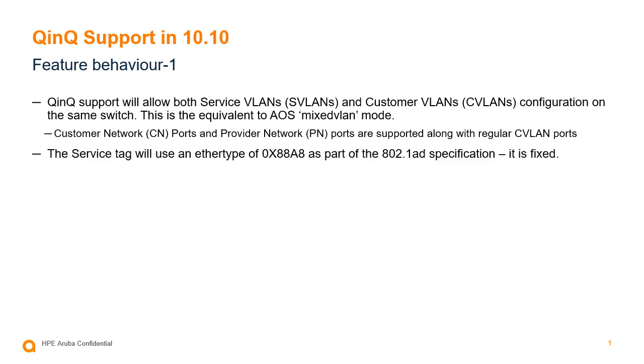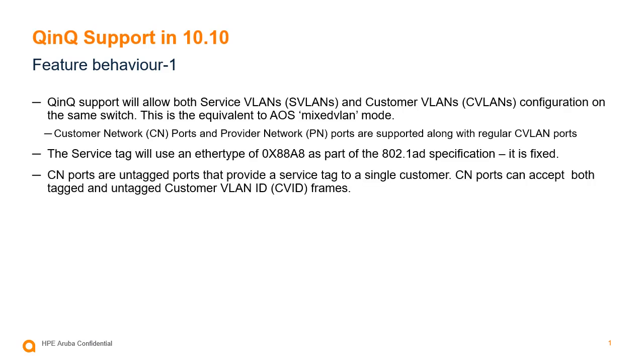And the service tag will use the EtherType 88A8 on the outer QinQ header as part of the 802.1AD specification. This is unlike AOS, where the EtherType can be changed. Note that CN ports are actually untagged configuration ports that provide a service tag to a single customer. CN ports can accept both tagged and untagged customer frames.